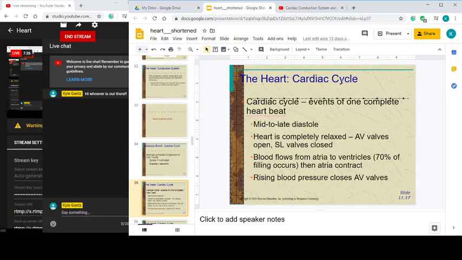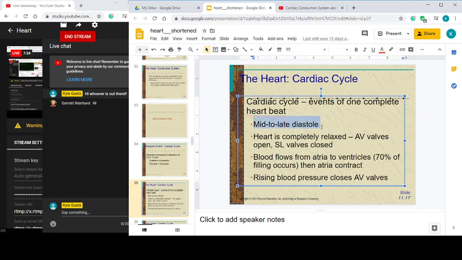Now, when we talk about the cardiac cycle, the events of one complete heartbeat, you have mid to late diastole, so mid to late relaxation, to where the heart is completely relaxed. The AV valves are open and the SL valves are closed.